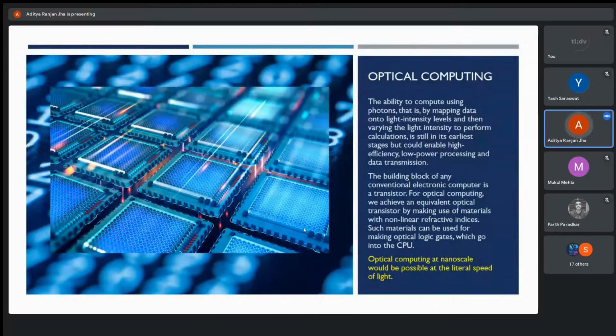This might also be fast because of the light-reflective technology that could be brought into it. It is estimated that optical computing at nano scale would be possible at the literal speed of light. It's not completely developed, but we are not far from it. We are making some progress in this.